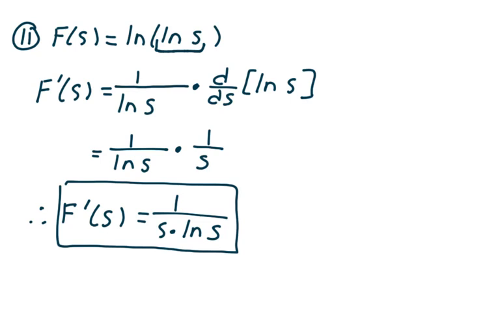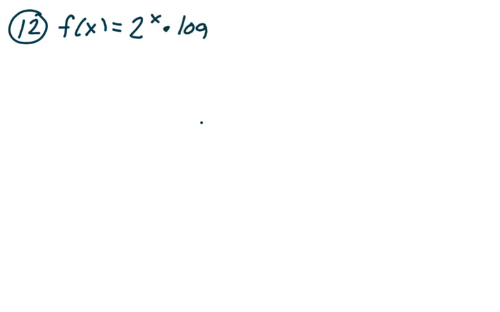And let's do one more for this video. I want to do number 12. And on number 12, we have the following. Suppose f of x is equal to 2 to the x times log base 2 of x.